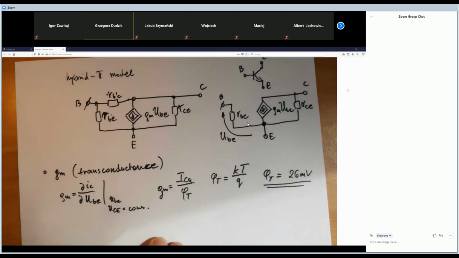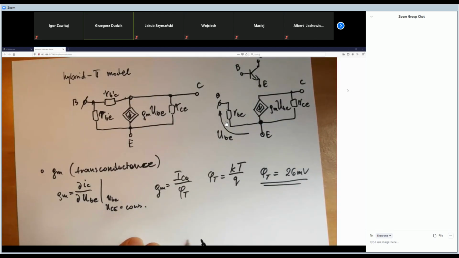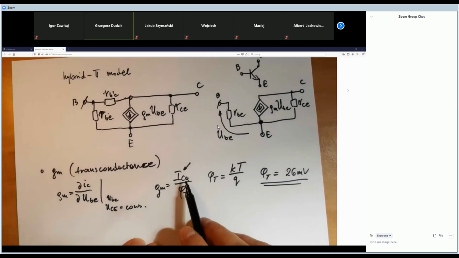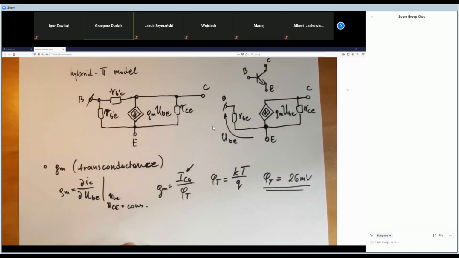So if you want to find the GM parameter, the transconductance, we have to know the DC collector current of our transistor. As you see, it is not possible to make the AC analysis before the DC one.